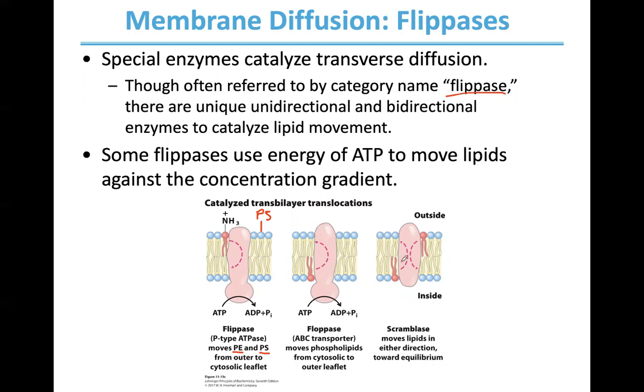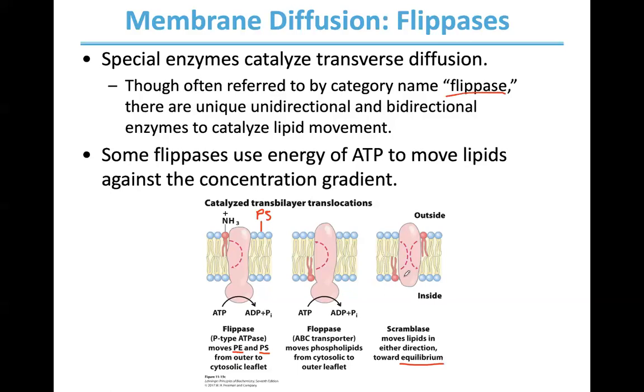Now, there's a third one, there's scramblase. So these enzymes do not really do anything specifically. They don't actually utilize any energy. All they do is utilize the energy of the concentration gradient.